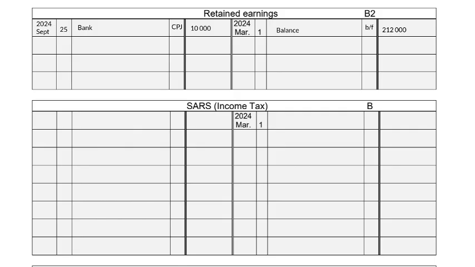Then on the 2025, February the 28th, we will have our carried over amount on the credit side. Let's fill that in.